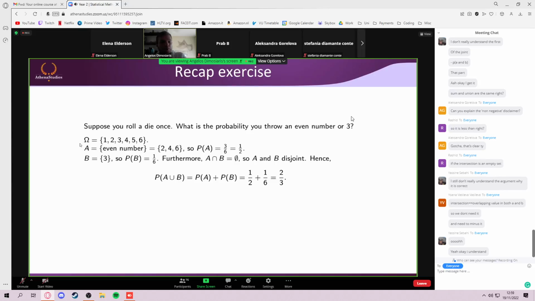So step number 1, define the sample space. Step number 2, define your first event, find the probability of that, define your second event, find the probability of that, see if these events are disjoint or joint, and then use the formula.